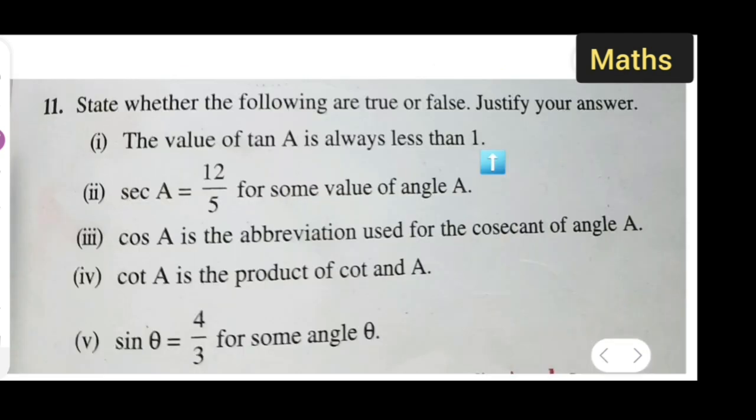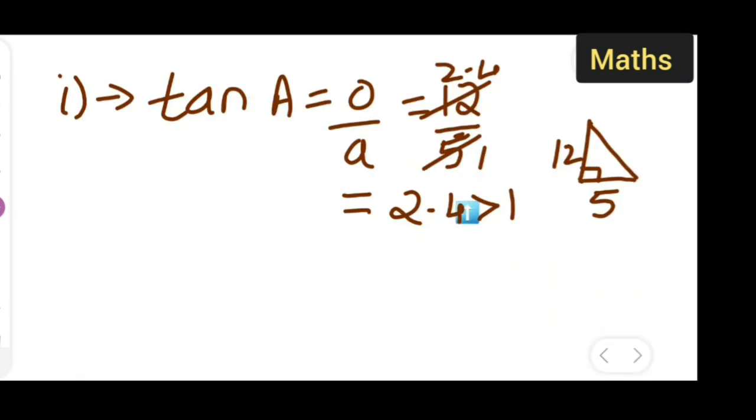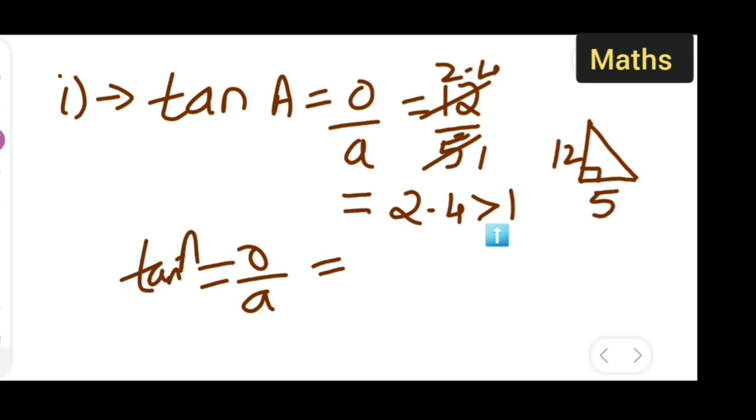But it says the value of tan A is always less than 1. But if we take this example, you all can see that 2.4 is greater than 1. If you take the reverse, opposite upon adjacent, like tan A equal to 5 upon 12, you will get 0.4, which will be less.